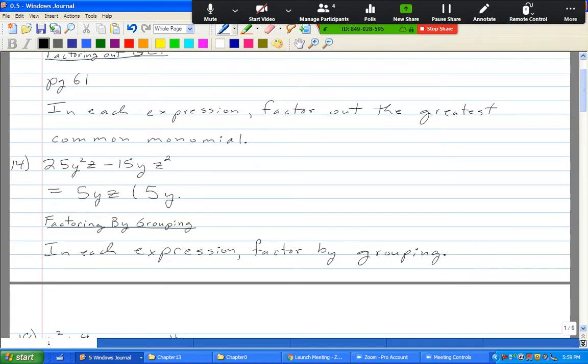Negative 15yz squared divided by 5yz is a negative 3z. There is nothing I can factor out from the terms in the parentheses, and so I am done.